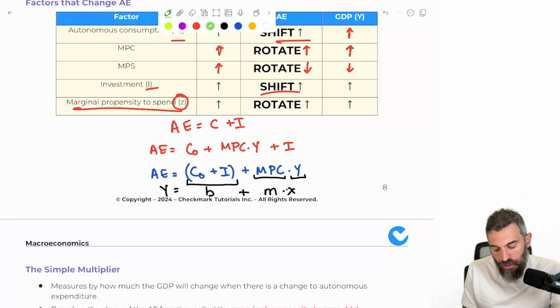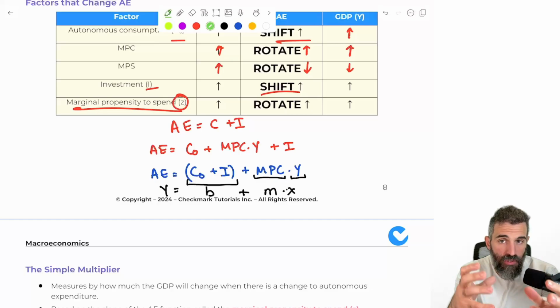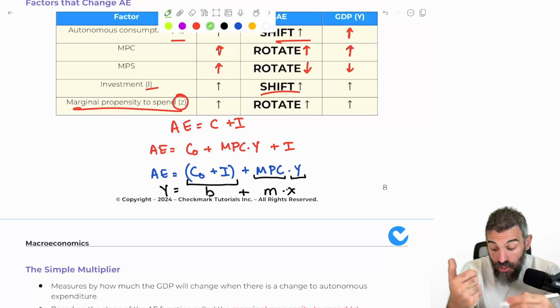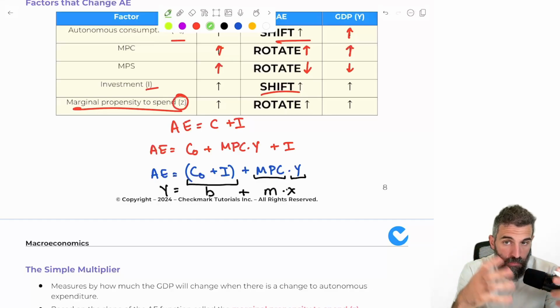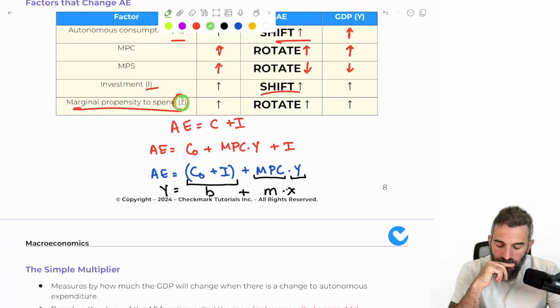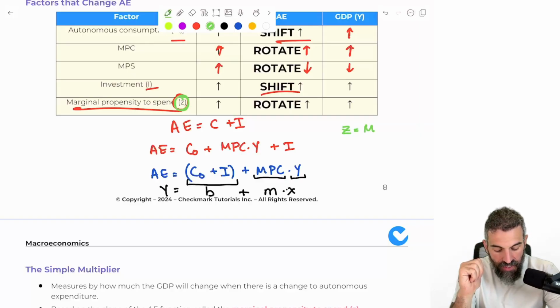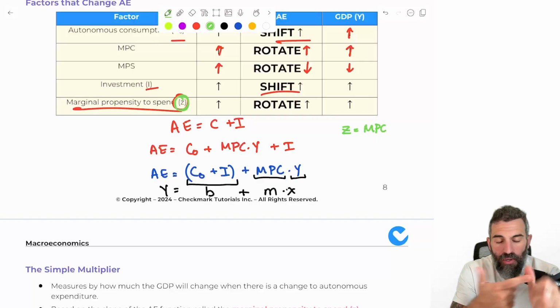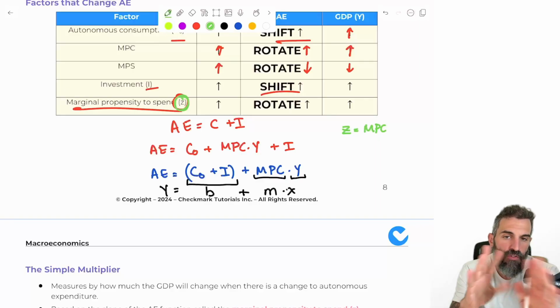So the slope of the aggregate expenditure function has a name, and it is called the marginal propensity to spend. We use this symbol Z. But again, for the simplest macro model, the marginal propensity to spend is equal to the MPC, because we don't have any tax, we don't have any imports, we don't have the other things that are going to be affecting it. So for now, those two are the same.